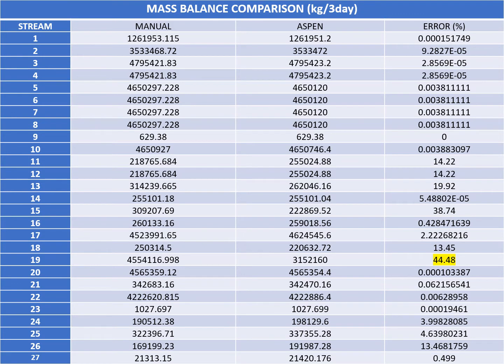For the mass balance comparison between manual and Aspen calculation, the error was bigger in stream 19, which is 44.48%. This is probably due to some inaccurate specification input for parameters such as temperature, pressure for some units, or it can be some inaccurate thermodynamic assumptions.